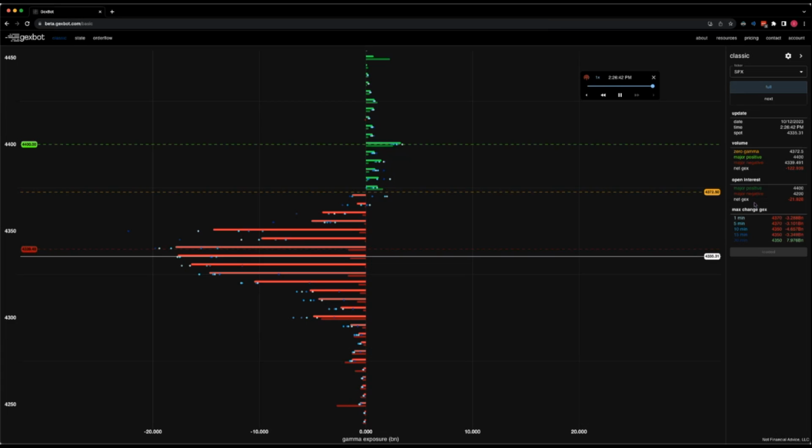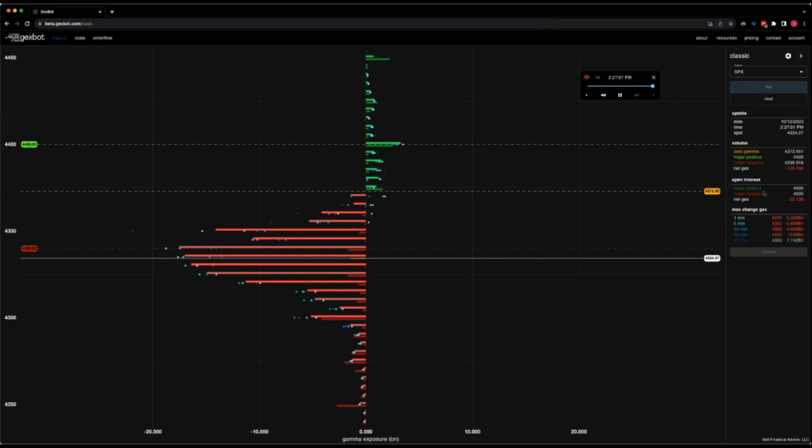But then moving into netgex on both of them, both volume and open interest, is basically taking the state of the entire chain, right? So if we were going to sum up, assuming that puts are negative gamma and calls are positive gamma, if we were to sum everything up into one calculation, we have netgex.